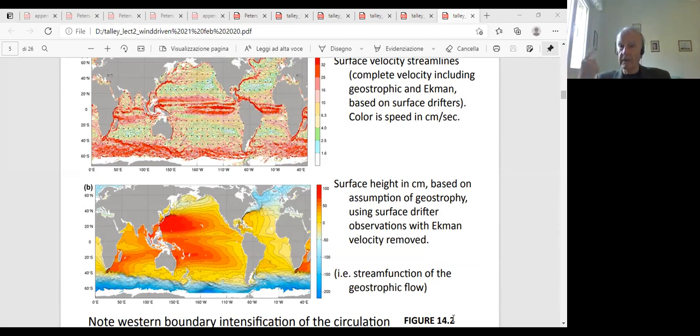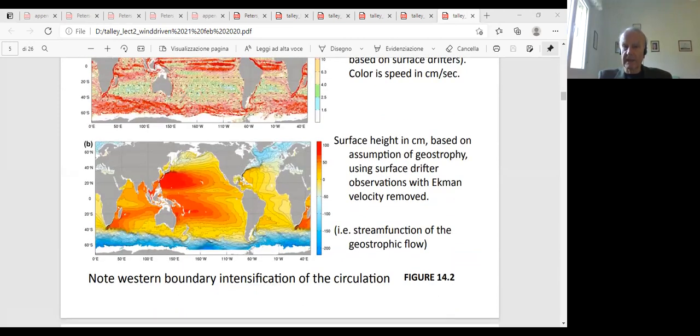Before the era of satellite measurements, the process was inverted. We threw thousands of drifters into the sea. We measured with a rather large resolution the sea surface current, and from that, we reconstructed the sea surface height. This sea surface height obtained from currents is very similar to what is obtained later on from satellites.